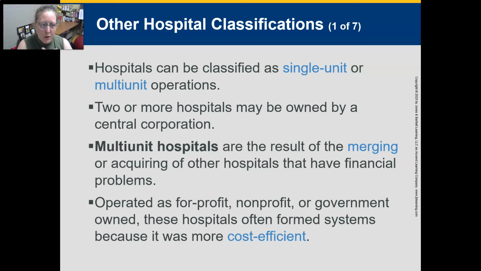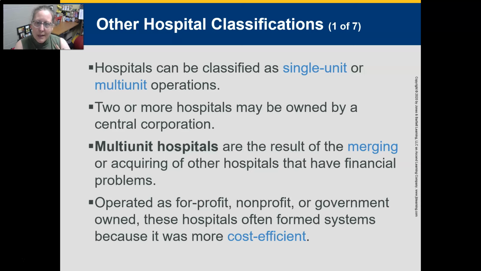Multi-unit hospitals are the result of merging or acquiring other hospitals that have financial problems. Usually larger entity hospitals grab up some of the smaller community hospitals and expand into a multi-unit operation. They can be operated as for-profit or non-profit or even government-owned. These hospitals often form systems because it was more cost efficient.